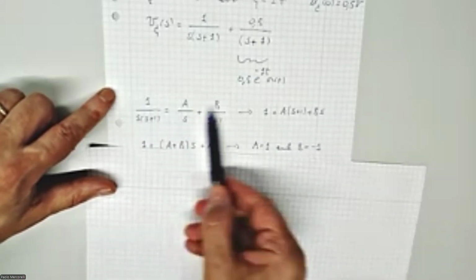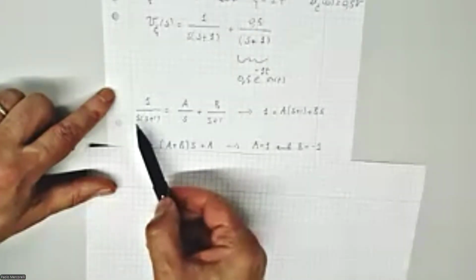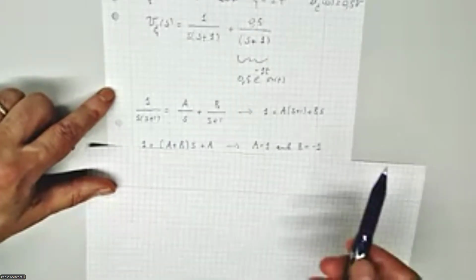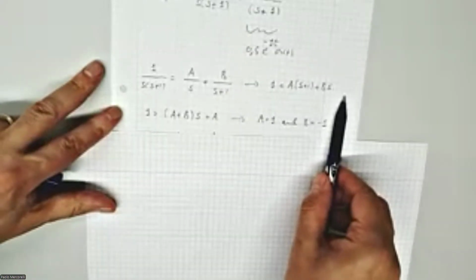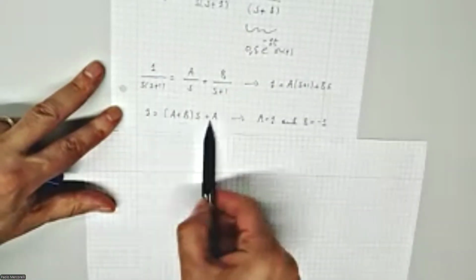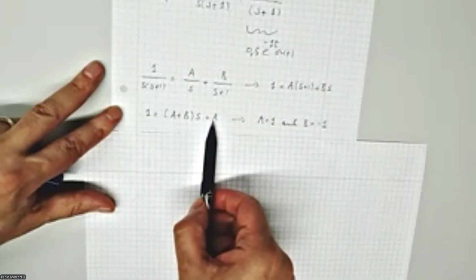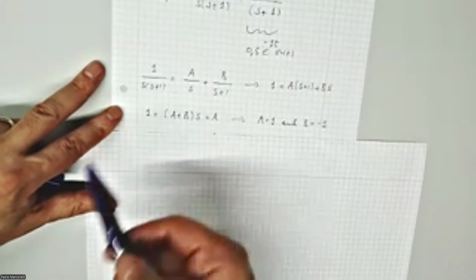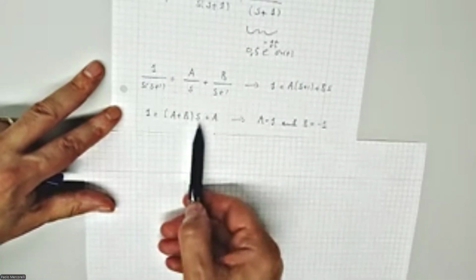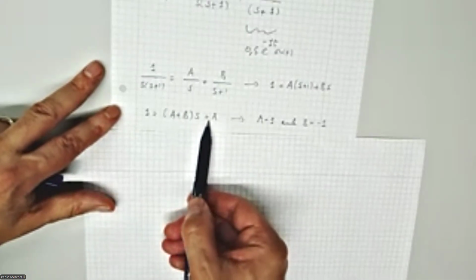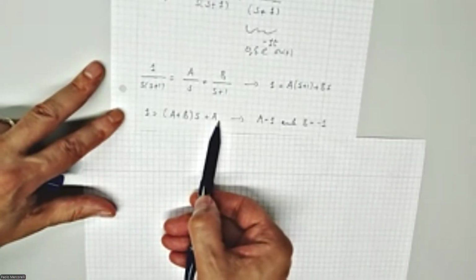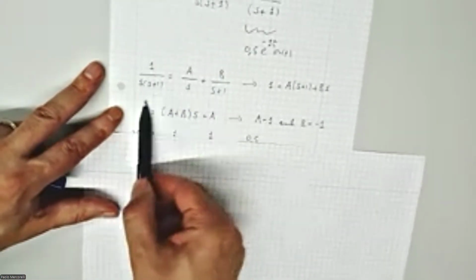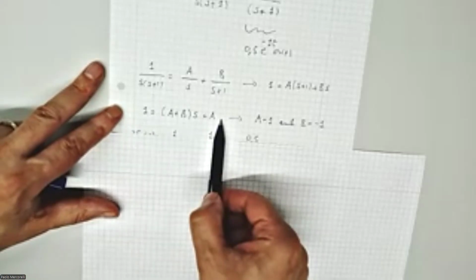Now, this expression here can be written in this form. I can separate everything which is multiplied by S, and plus everything which is not multiplied by S. And then I can find A and B which satisfy this equation.